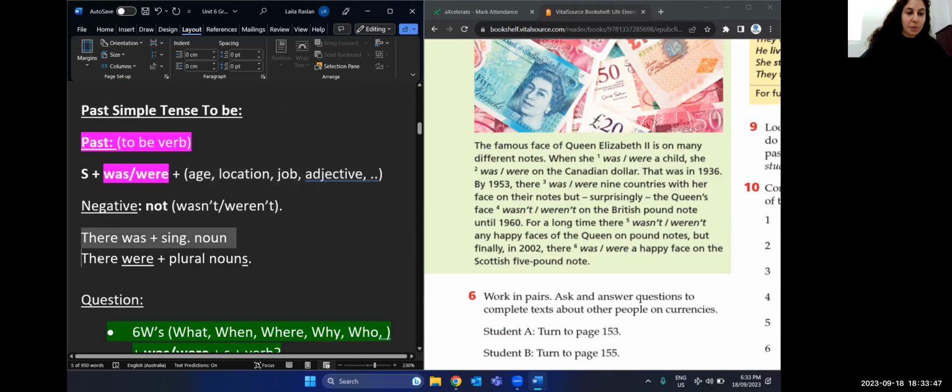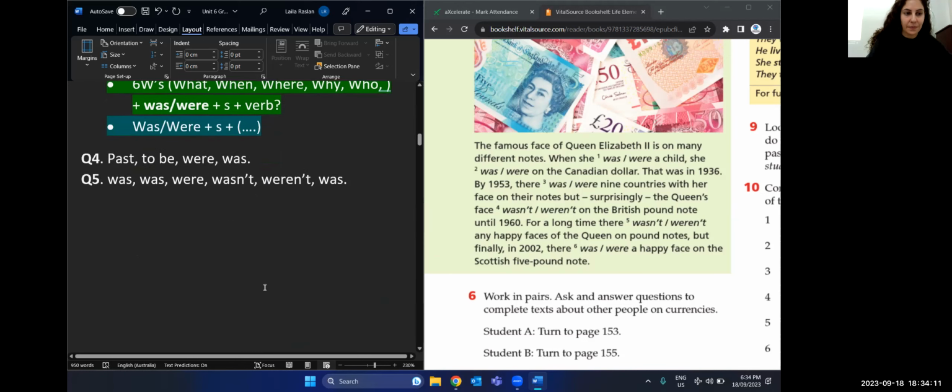Whatever. If it's plural, you say there were. There were many books on the table, but now they're all gone. There were many students. So that's how we do it. That's when we use was or were when we talk about a noun. So if it's plural, we use were. If it's singular, was.